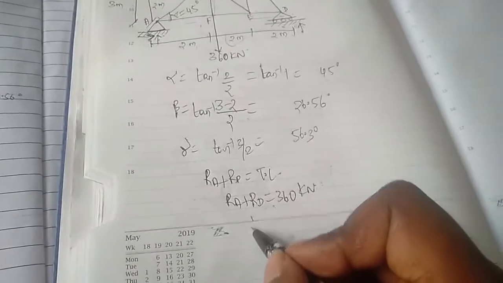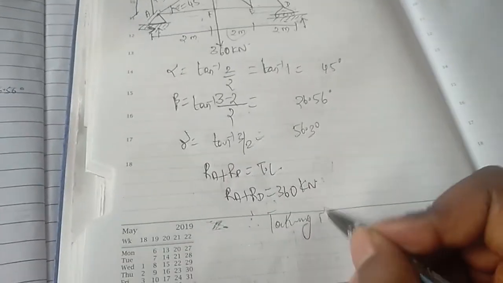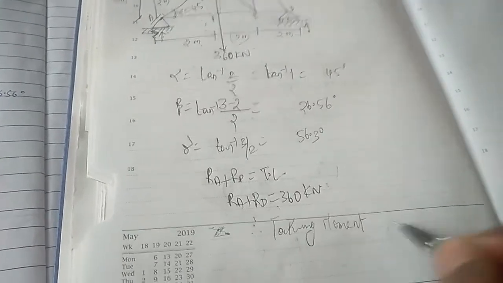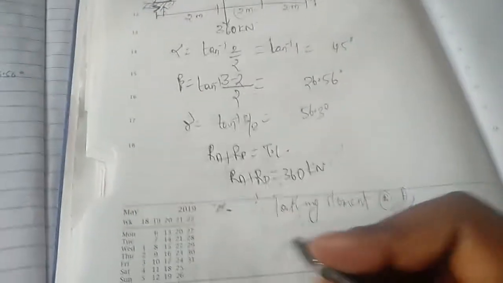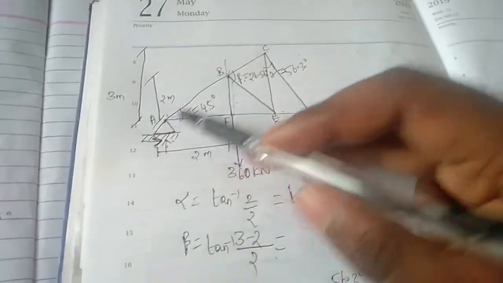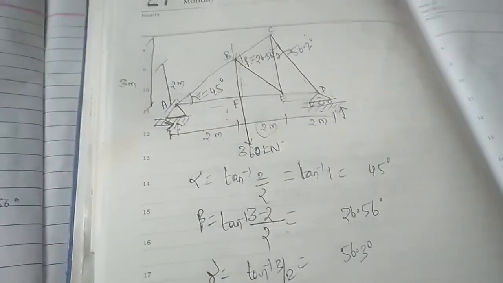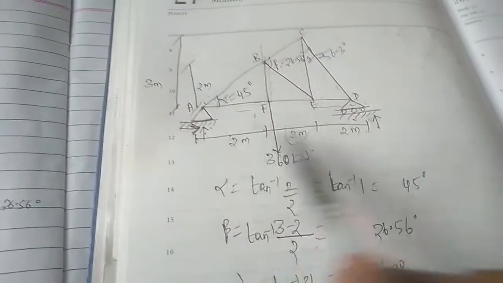So for that, what you will do, taking moment at A, right? So that means RD into the distance to A, minus 360 into 2. RD into this distance, which is what? 2 plus 2 plus 2, that is 6 meter.